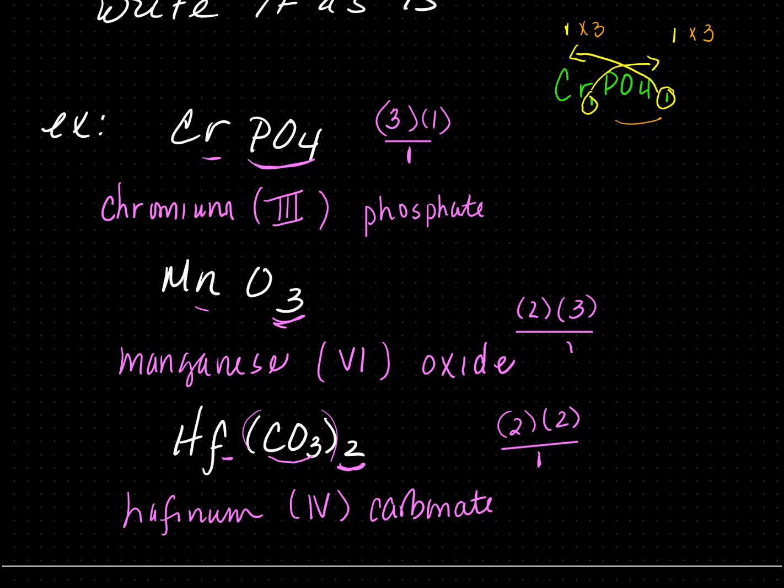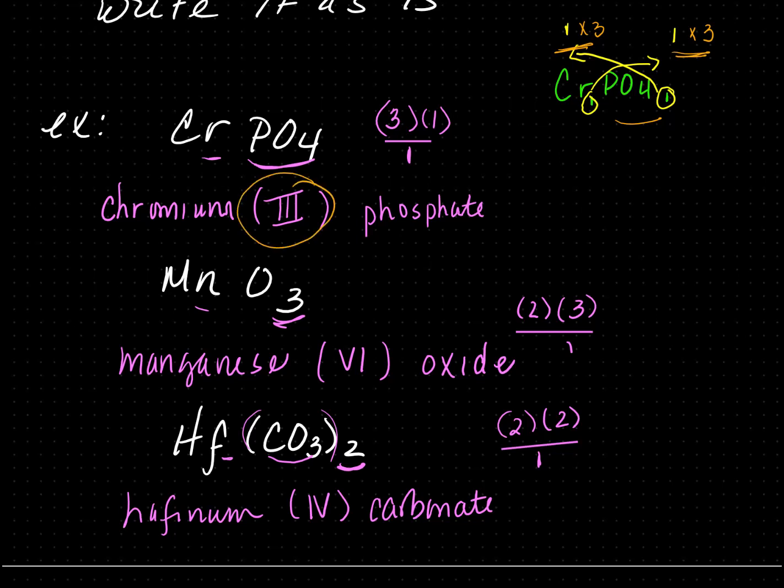In this case, phosphate does not have a charge of 1. It has a charge of 3. So that means that chromium phosphate was reduced by 3. So I need to multiply the phosphate by 3, and when I do that, I need to multiply chromium by 3. So the correct charge for chromium was 3, just like we solved.